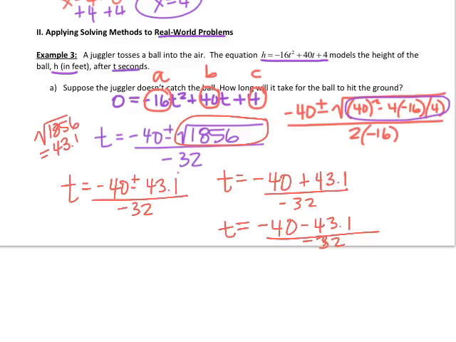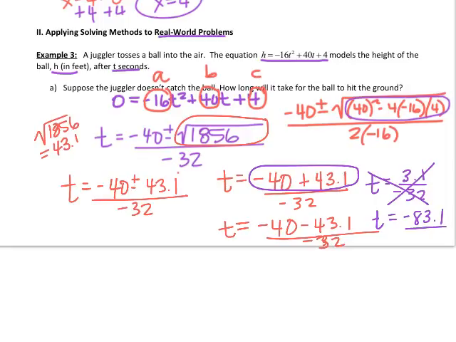All right, so if we take a look at what's going to happen up here, this is going to result in a positive. So t would be equal to 3.1 on top over negative 32. Well, a negative amount of time doesn't really exist, so we can't consider that as a solution. However, we can say that t is going to equal negative 83.1 over negative 32, and the final number of seconds, or the final result in that, is going to be t.